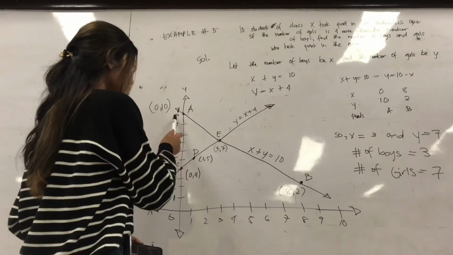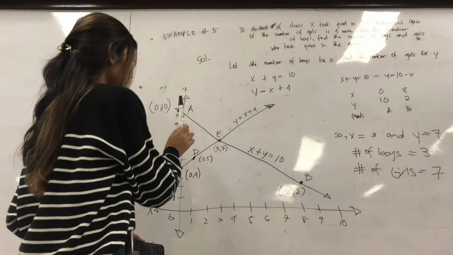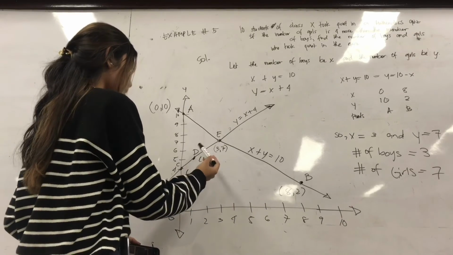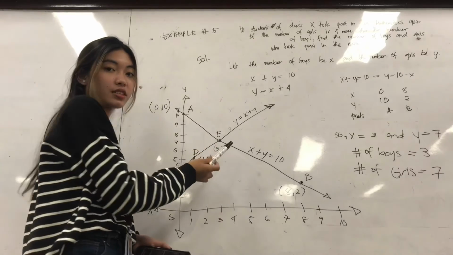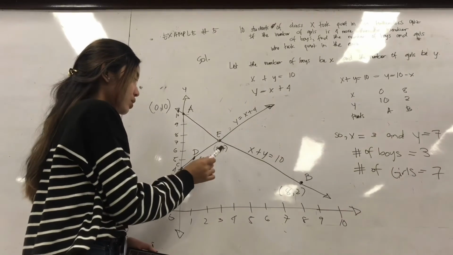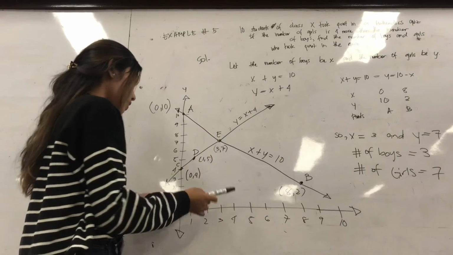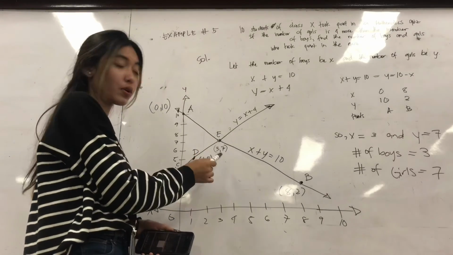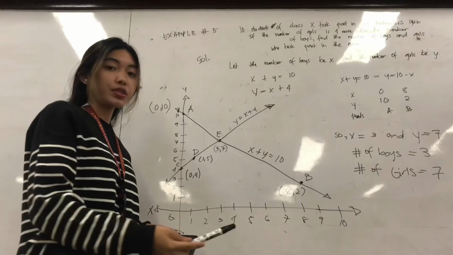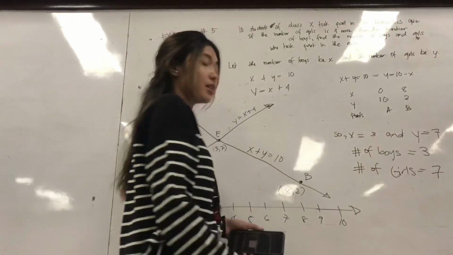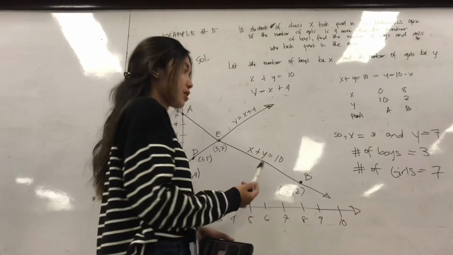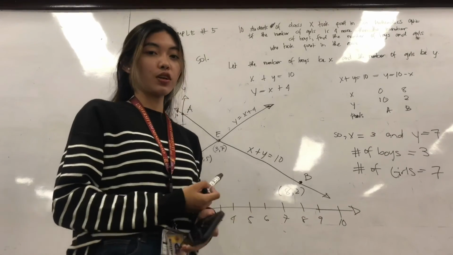As you notice, the lines through A and B intersect the lines through C and D at point E, which means that x is equal to 3 and y is equal to 7. So we conclude that the number of boys is 3 and the number of girls is 7. So that's all. Thank you.